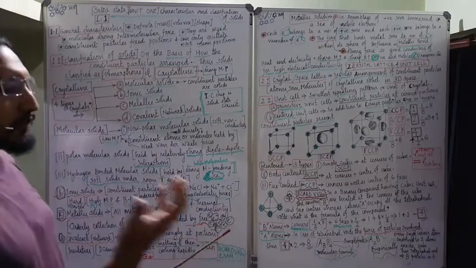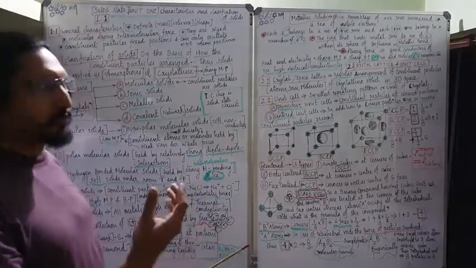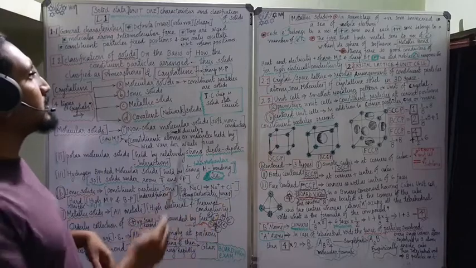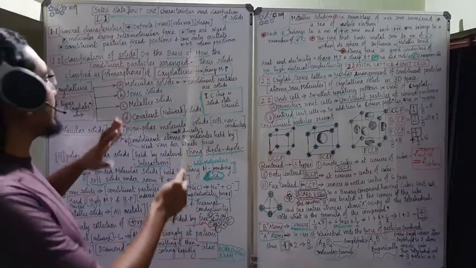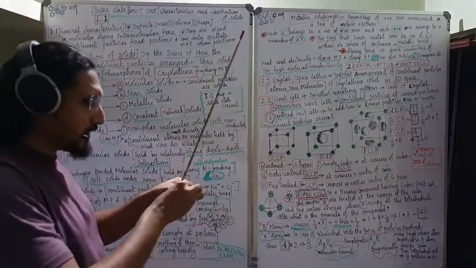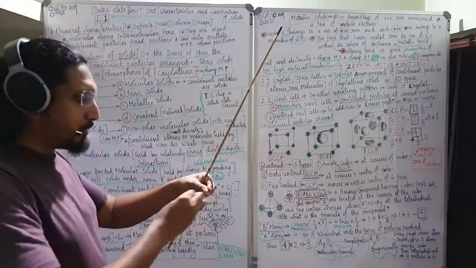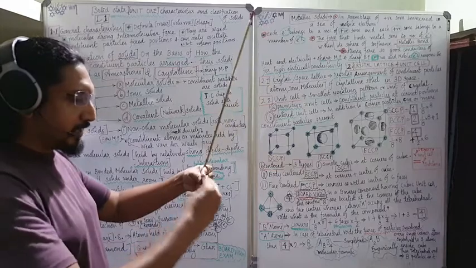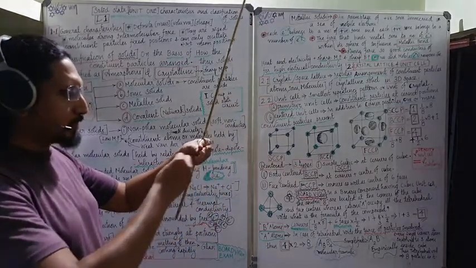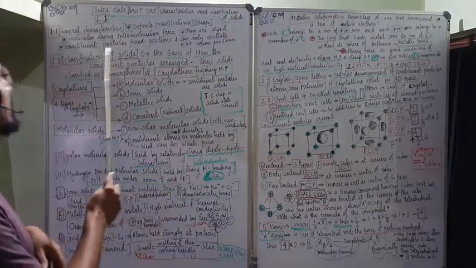First of all, a definite mass, volume, and shape, then strong intermolecular force, and they are basically rigid, and the constituent particles are arranged in fixed positions, and they can just move according to a mean position only. If this is placed in a mean position, it can only move with respect to the mean position. That is what is written on the board.